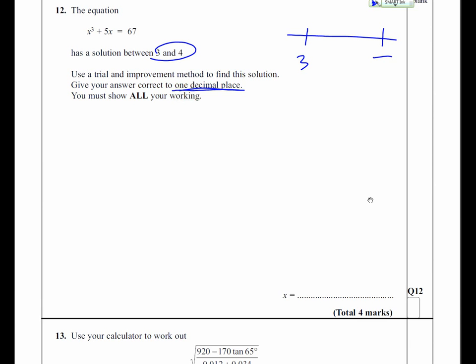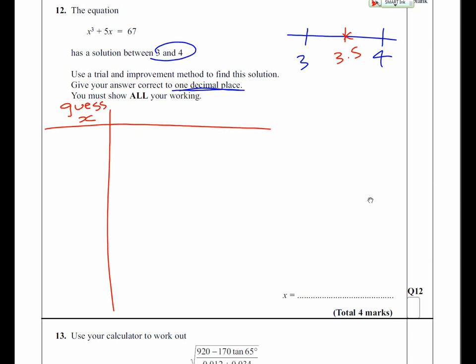You know the answer on your number line is somewhere here, but you don't know where. It could be anywhere. So let's just guess, bang in the middle. Let's start with 3.5. So it's basically a guessing game. We guess a value of x, and we said we're going to start with 3.5.